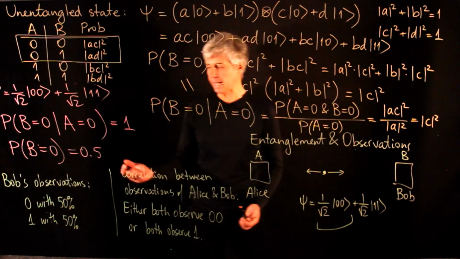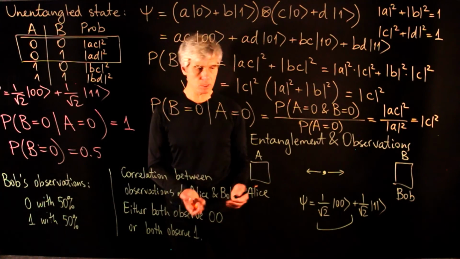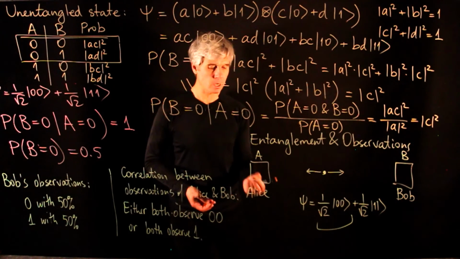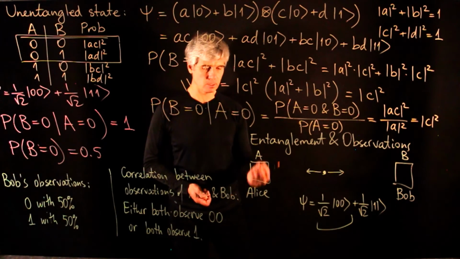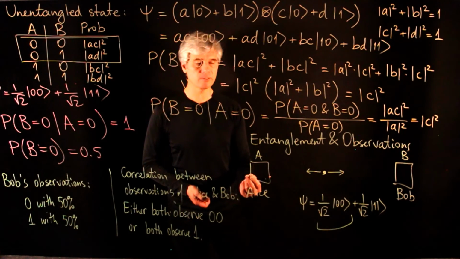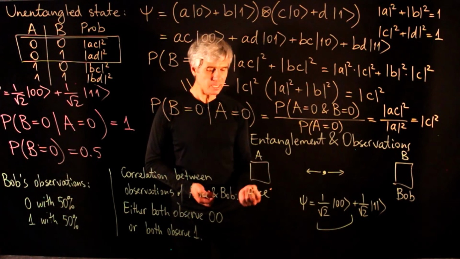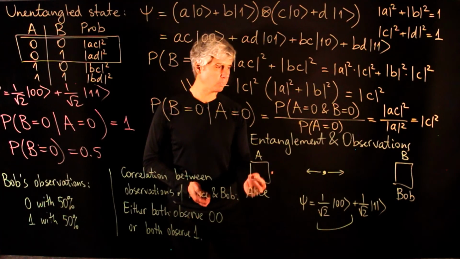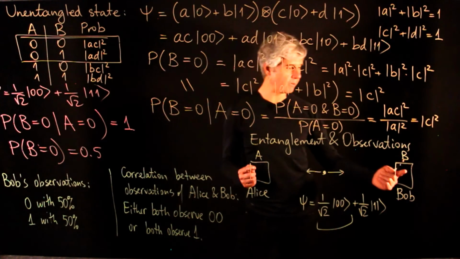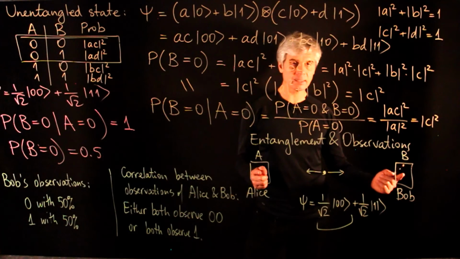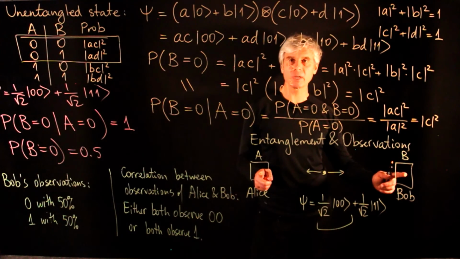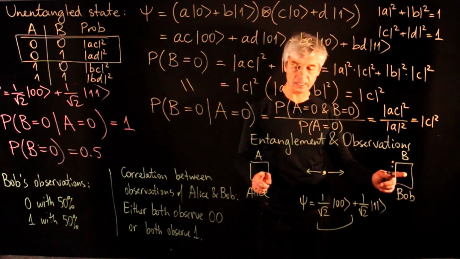So if Alice observes 0, right? There is no prediction of what Alice will observe, 0 or 1, just before she makes this measurement, because this is a probabilistic event. But once she registers the value of her first bit, immediately it tells us something that will happen in a faraway place, practically at the same time.